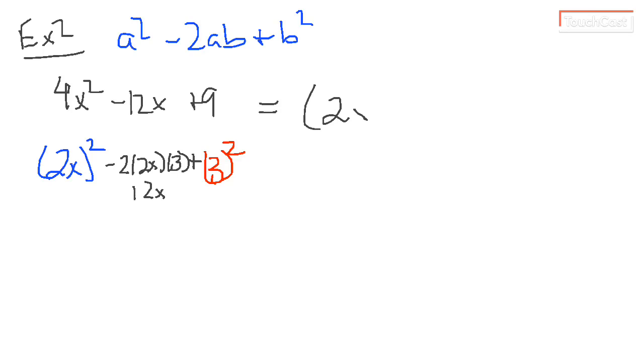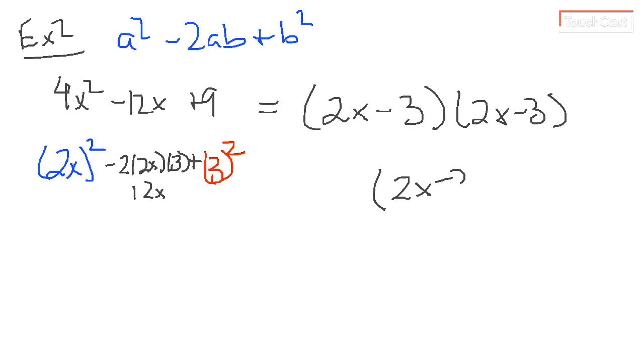We're going to have 2x, and now we're going to take the minus because the plus is at the back. 2x minus 3 times 2x minus 3, which we can simply write one time as 2x minus 3, and then we square it.